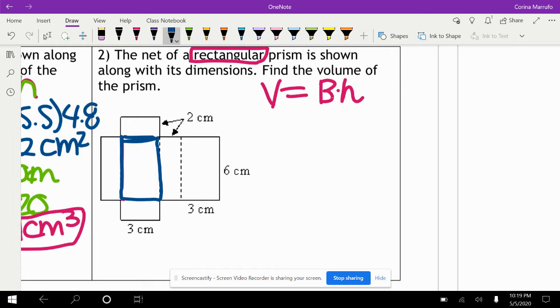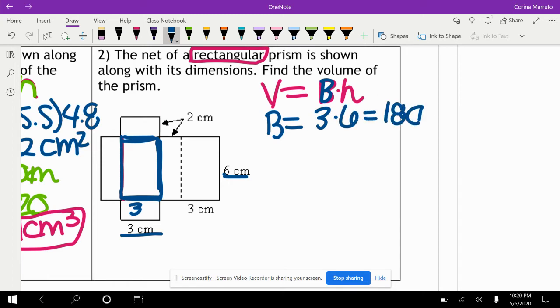That means for big B, this piece right here is 3, and this piece right here is 6. So we're going to do 3 times 6, which is 18 centimeters squared.